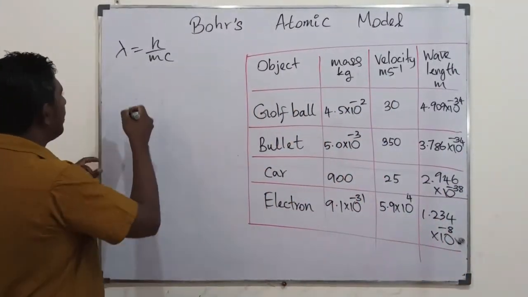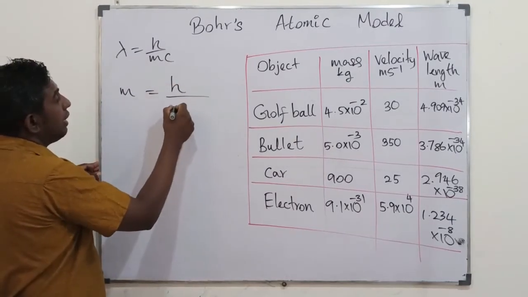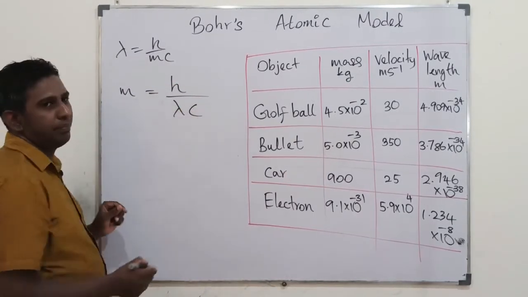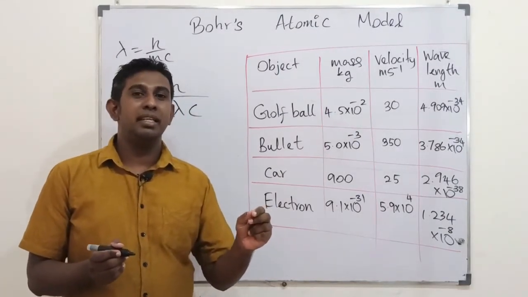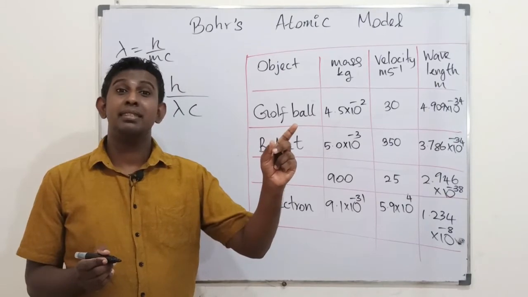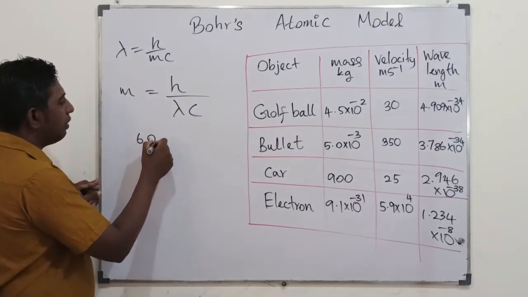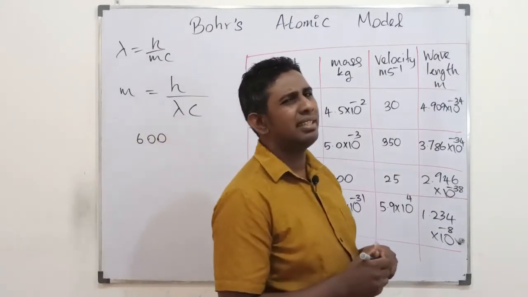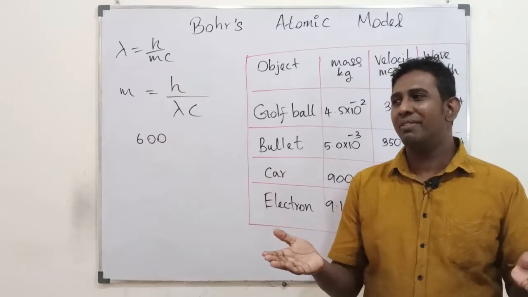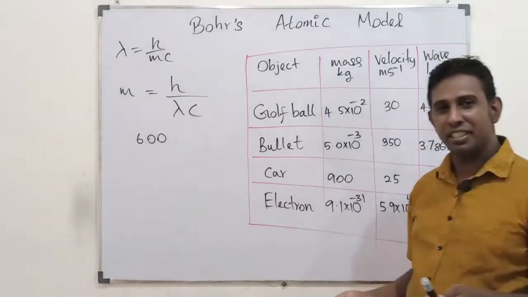What I'm saying is you would find the mass as Planck's constant divided by lambda c. Let's use any electromagnetic radiation, as in our last example. A red colored wave with 600. Was that red color? I guess it's a yellow colored wave. Okay, whatever. So it's a yellow colored wave with 600 nanometers.